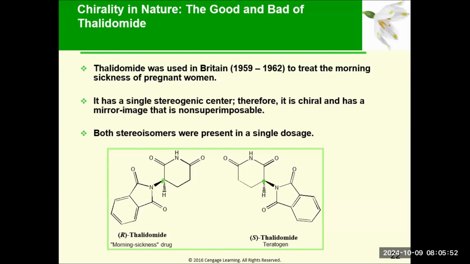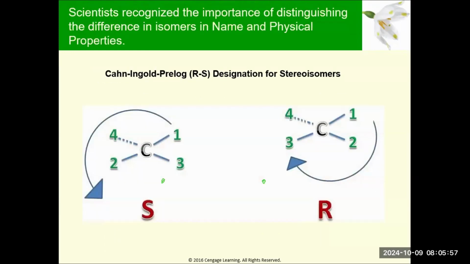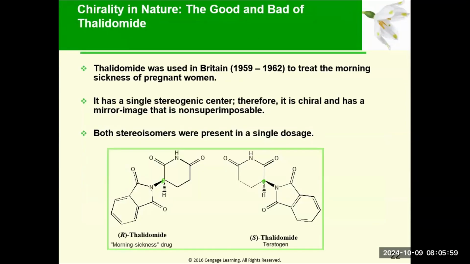Well, the sad truth is, while one allowed women to be treated for morning sickness, the other caused birth defects as well as miscarriages. This just shows you the importance of stereochemistry when it comes to studying and identifying it in reference to drugs.